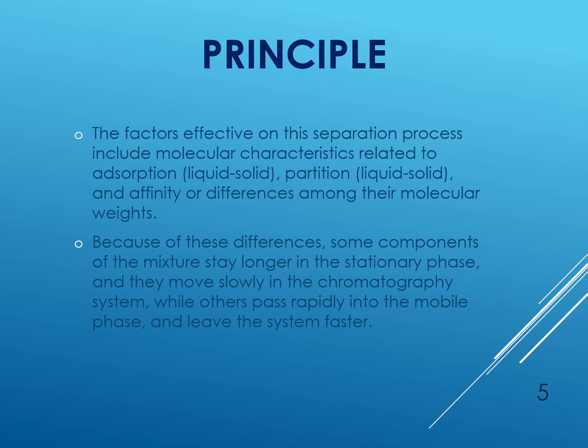This is again the reason that if particles have more affinity towards the mobile phase, they will move rapidly through the system, while if they have more affinity towards the stationary phase, they will remain on the column and will not move outward from the column.